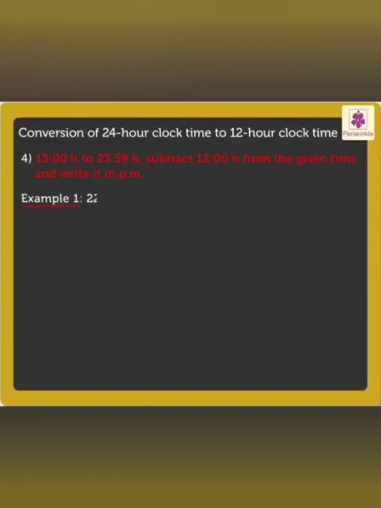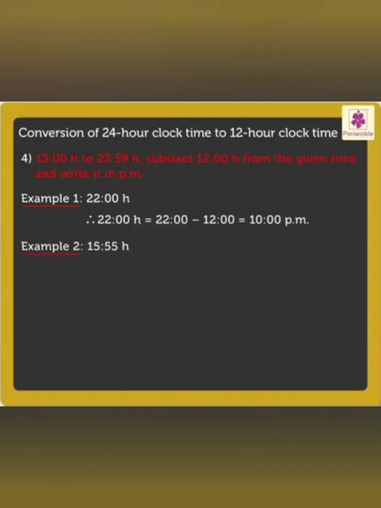Change the time 2200 hours to the 12-hour clock time. 2200 hours is equal to 22 minus 12, which is equal to 10 p.m. 1555 hours minus 1200 hours is equal to 3:55 p.m.